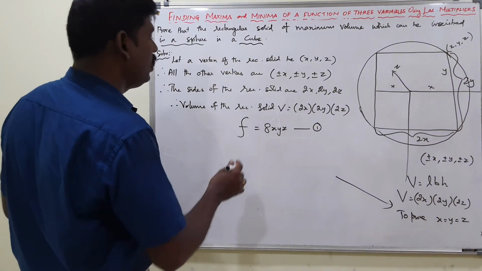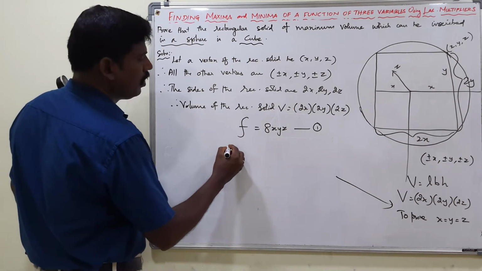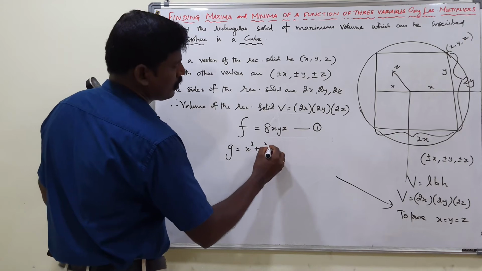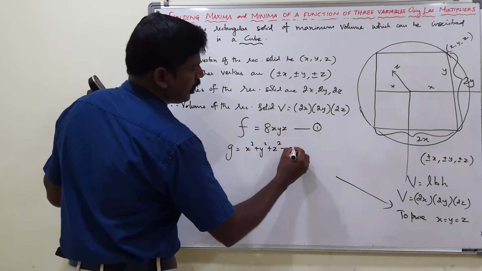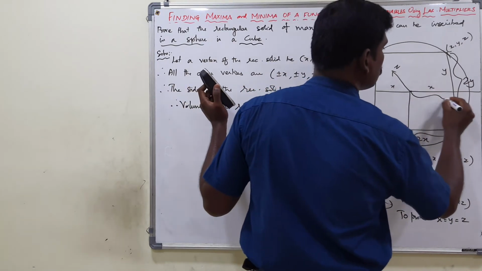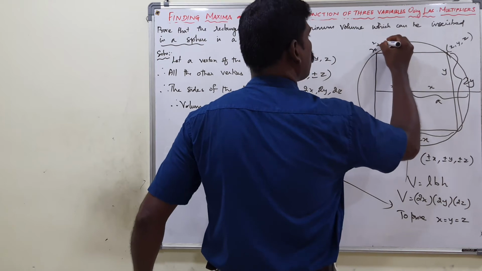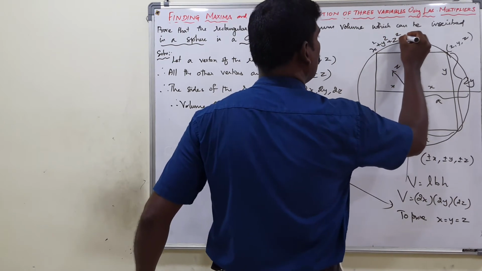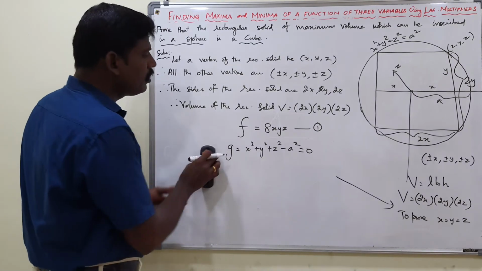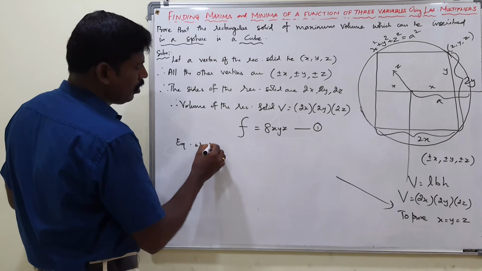I want to find out the maximum of f, subject to the condition g is x square plus y square plus z square minus a square equal to 0. Isn't it? Let us take the radius of this sphere be a, then what is the equation of this sphere? x square plus y square plus z square equal to a square.